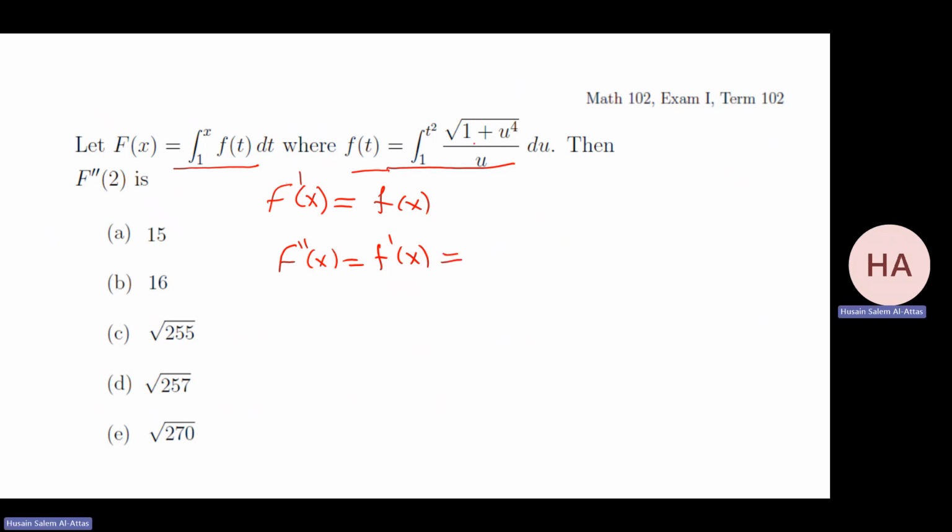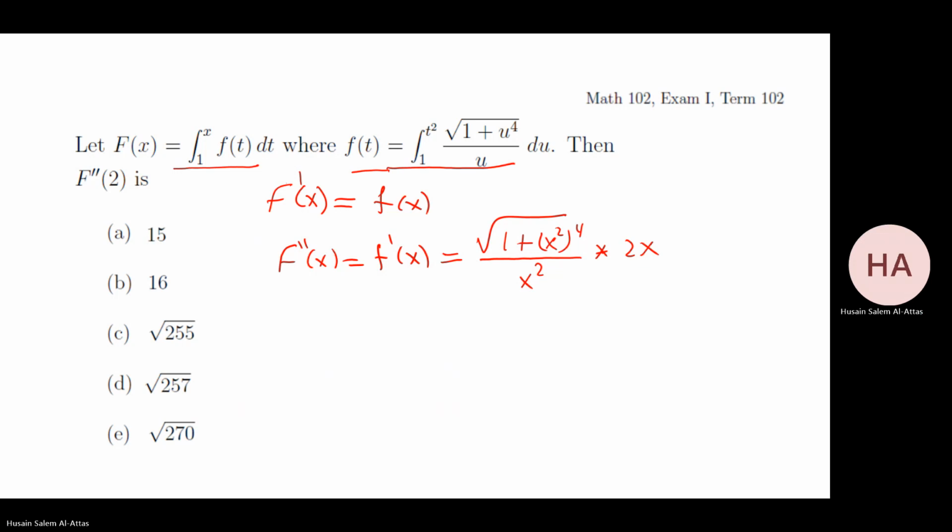It will be square root 1 plus t squared to the power 4 over t square times derivative of t square, which is 2t. Yeah, x, everything should be in terms of x, sorry. These are dummy variables. No problems. Okay.